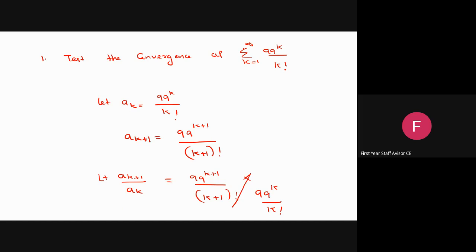So ak plus 1 by ak is equal to 99 raised to k plus 1 by k plus 1 factorial into k factorial divided by 99 raised to k.